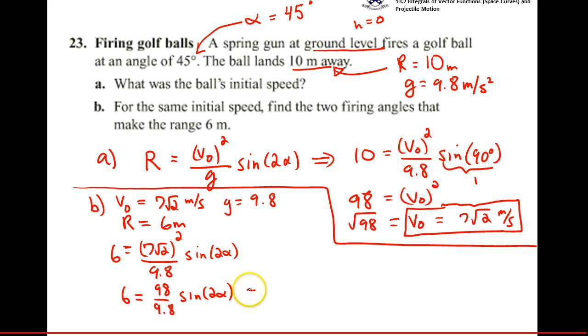And so 6 is equal to 10 times the sine of twice alpha, or the sine of twice alpha is equal to 3/5, reducing. Then we take the arc sine of both sides, and we have twice alpha is the arc sine of 3/5.